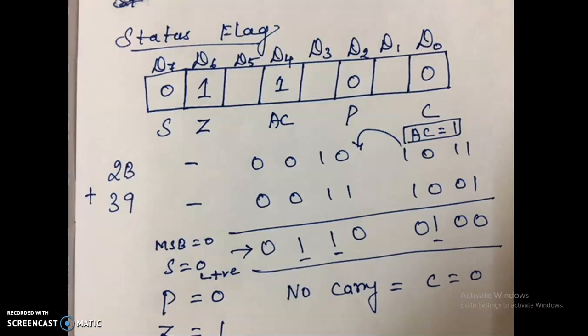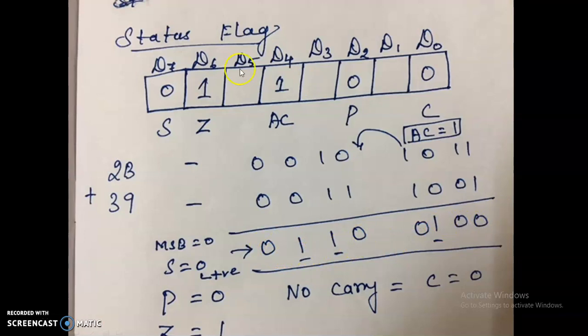Okay, this is the final example I posted here. After performing any arithmetic or logical operation, according to the result, I fill the status flag here. Okay, I choose the values 2b plus 39. I am going to add these two numbers. After adding, the result is 0100100.